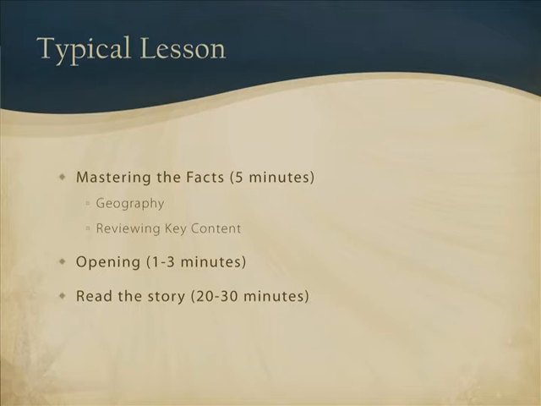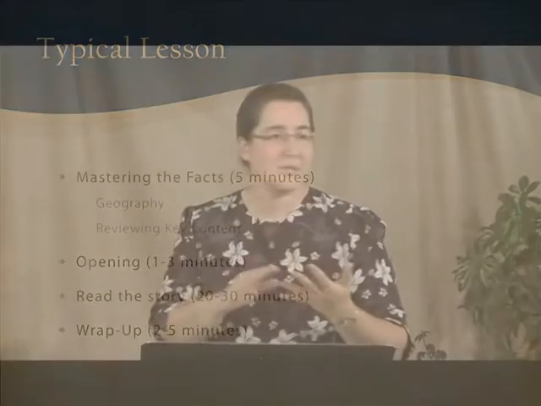You'll spend 20 to 30 minutes reading that story and interacting with it. At the end, there's a little wrap-up time, often discussion about the key content that was learned, or maybe themes that have come out of that story, like non-resistance or discrimination. That's what a typical lesson looks like.